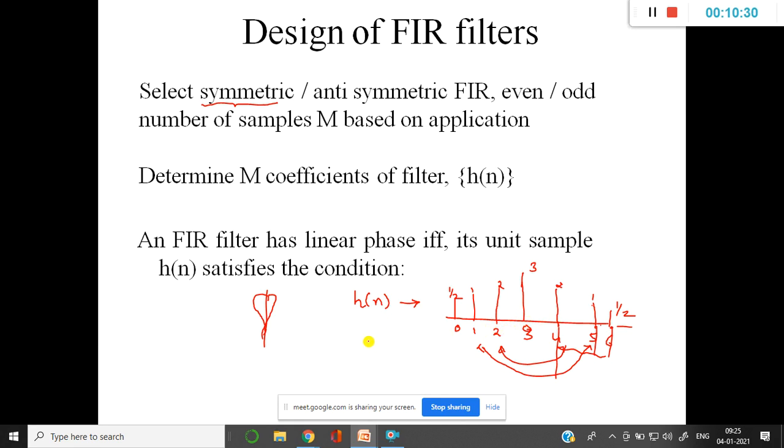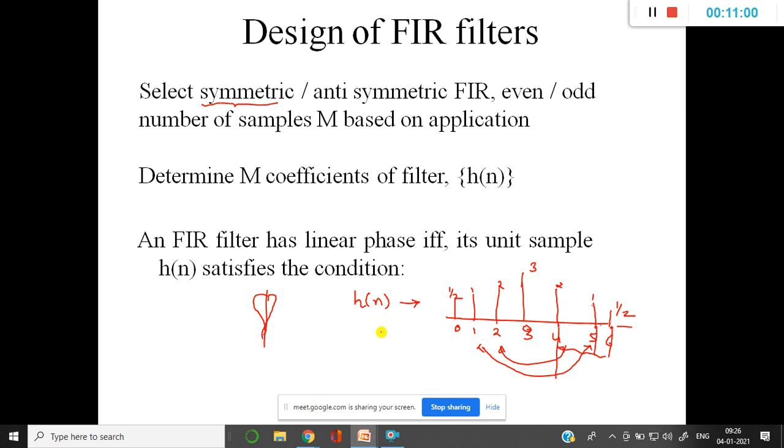When you find the X of k values, even in the output of the fast Fourier transform, the values will be symmetric in nature, and mostly complex conjugates. All these are fundamentals for us to decide the design of the filter based upon symmetry and antisymmetry.